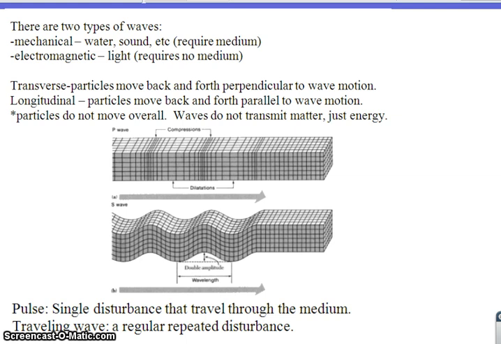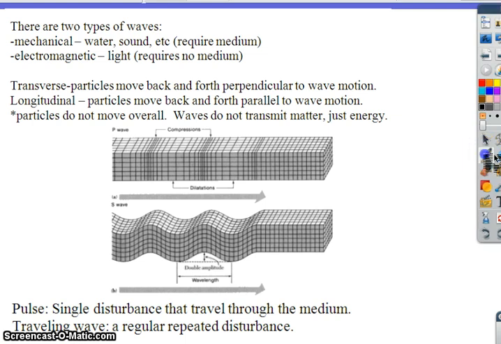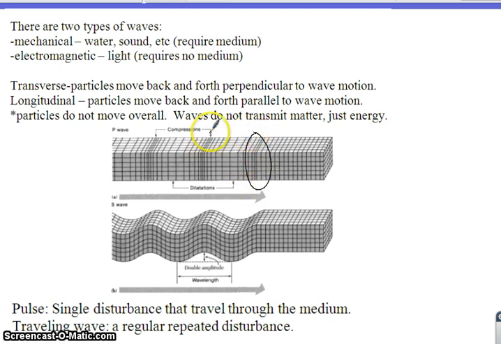Okay? So if we look at these two waves pictured down here, these gray waves, if you take a look at this first wave, you can see it's getting squished together in certain areas. And so as the wave is going this way, the particles that make up that wave are vibrating back and forth like that.